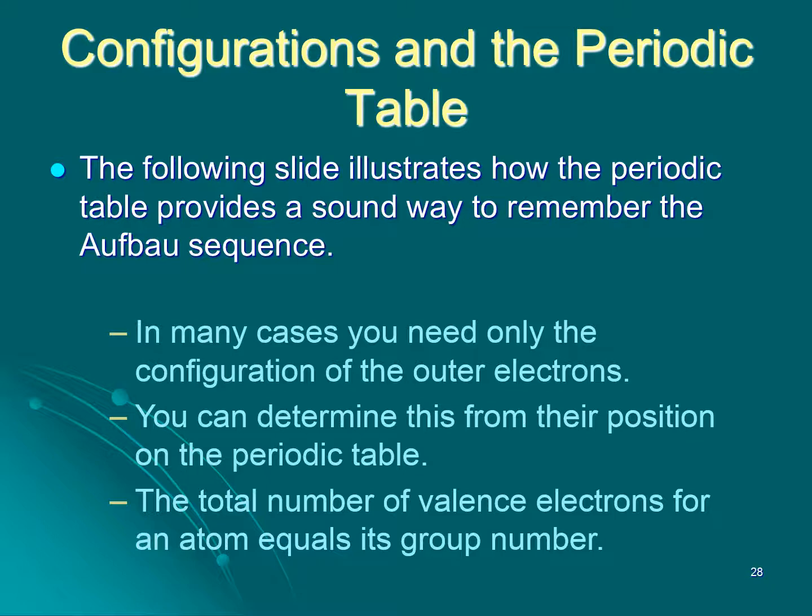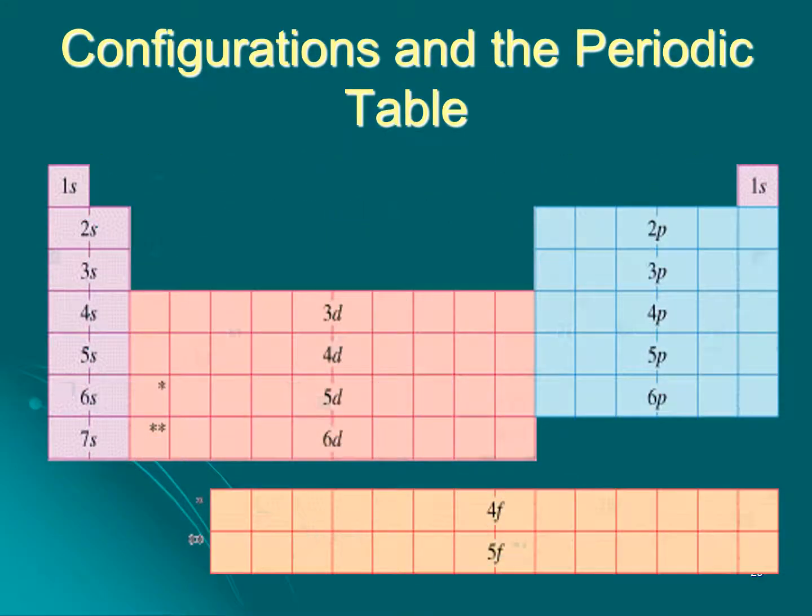So group 1A has 1 valence, group 2A has 2, group 3A has 3, 4A has 4, 5A has 5, 6A has 6, 7A has 7, and 8A has 8 valence electrons. Okay, so again, this is just the same that I showed you before. So you can remember the order: 1s, 2s, 2p, 3s, 3p, 4s, etc.